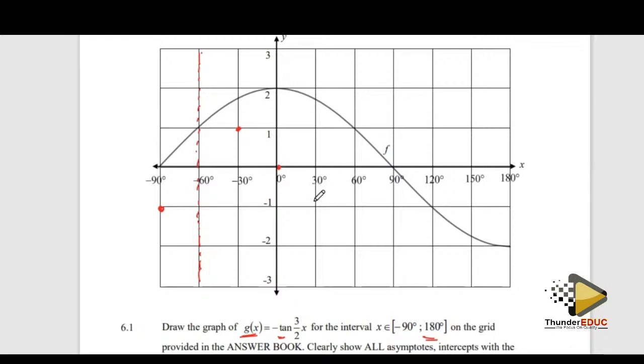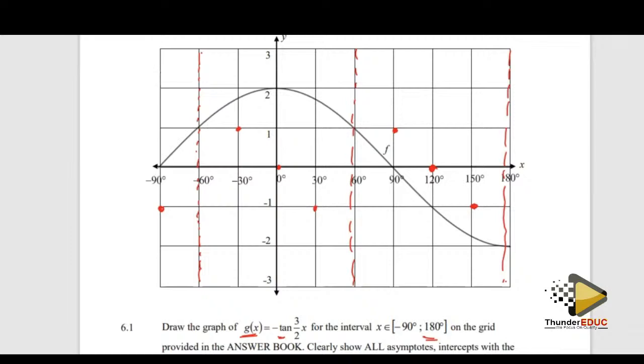Then 30 is negative 1. 60, it's an error. Then 90 is a positive 1. 120 is a 0. 150 is a negative 1. And then 180 is an error, which means it's an asymptote.